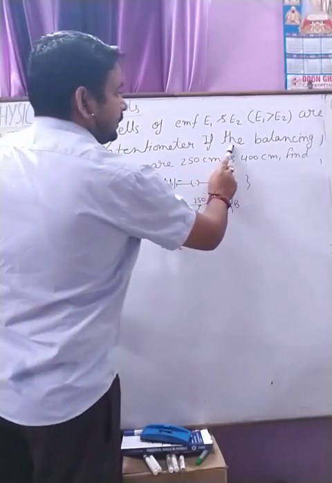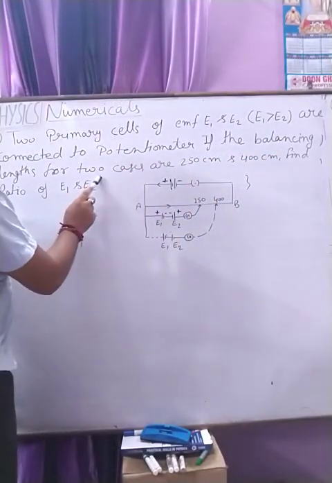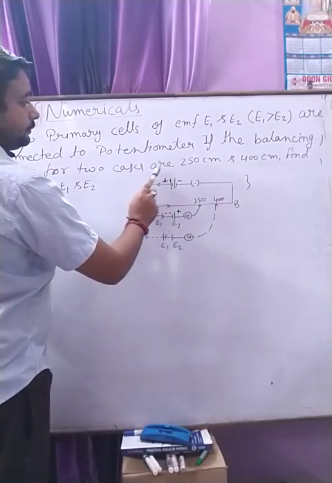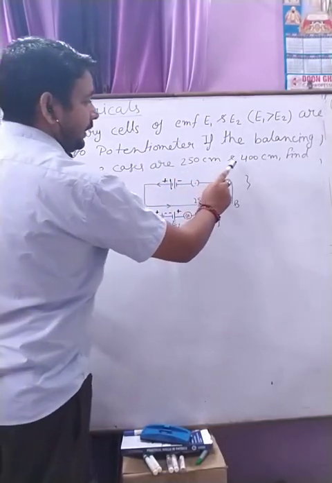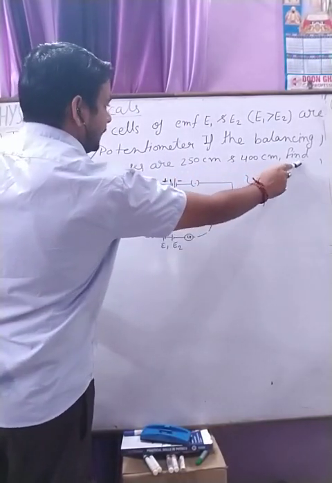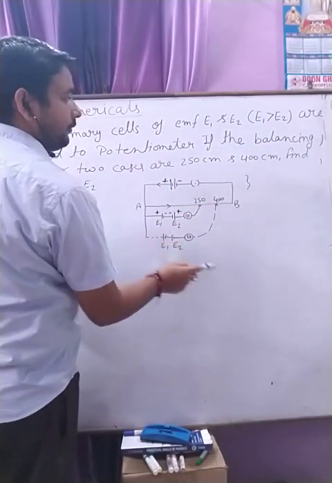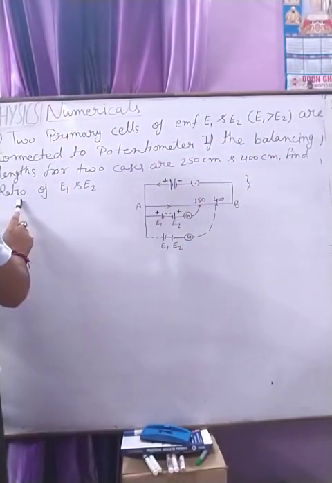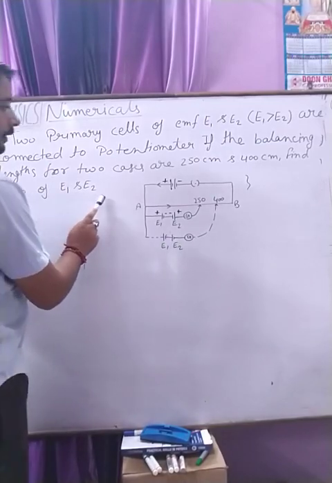If the balancing lengths for the two cases are 250 centimeter and 400 centimeter as shown in the figure, find the ratio of E1 and E2.